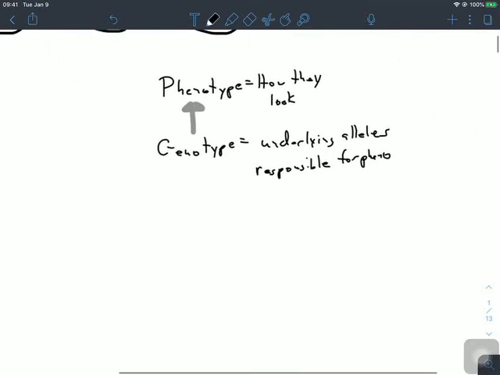Now, of course, we've talked about these terms before, but let's make sure that we have them solidified for our Punnett square discussions. We know that when talking about a genotype or a particular underlying genetics, we are talking about the gene that underlies the trait.